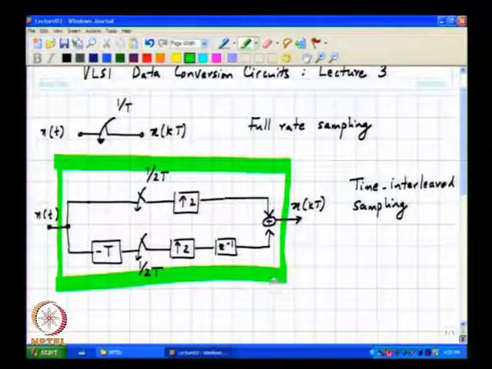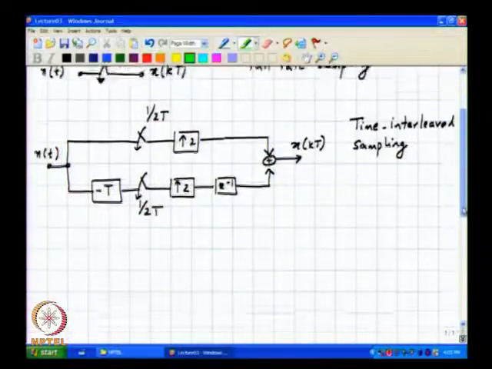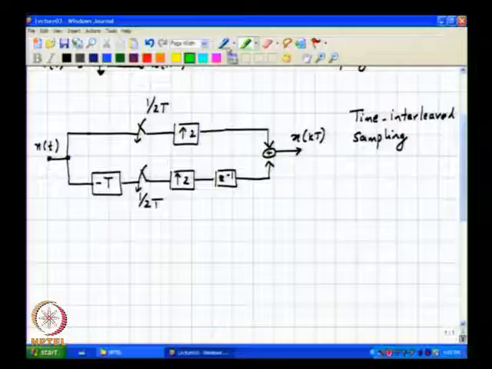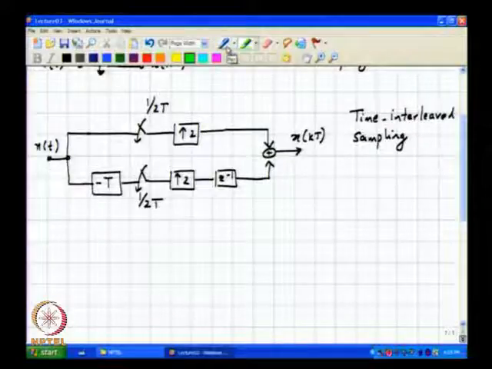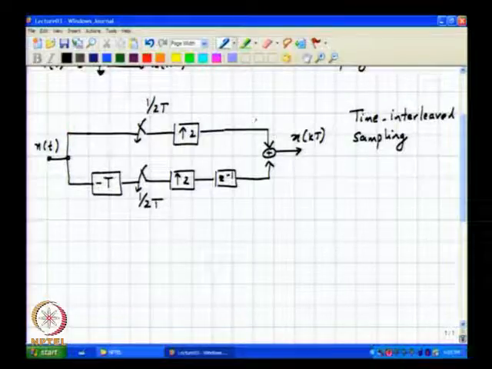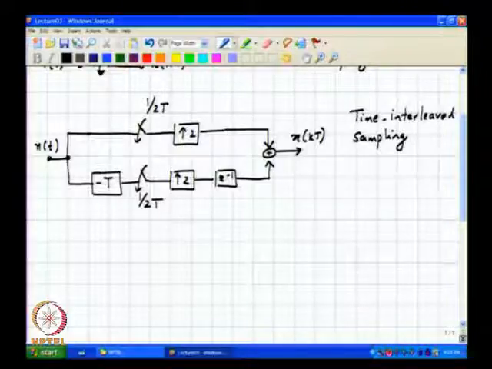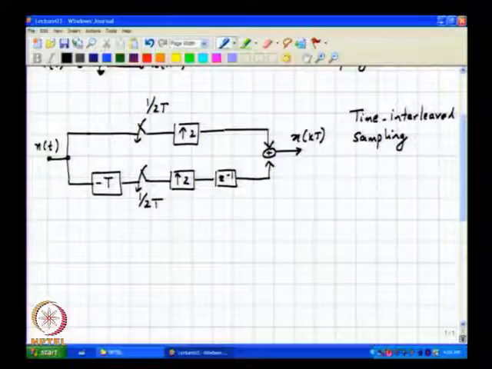And during the last class we wrote down the expressions for spectra at various places in the system. Let us get some more intuition on this by actually plotting the spectrum. Last time we had equations for the various spectra. Let us now plot and get some intuition.